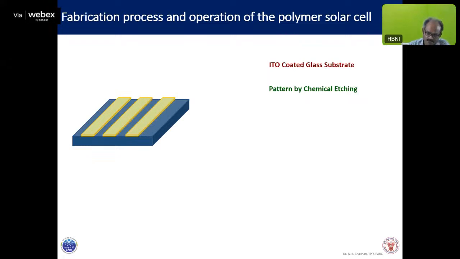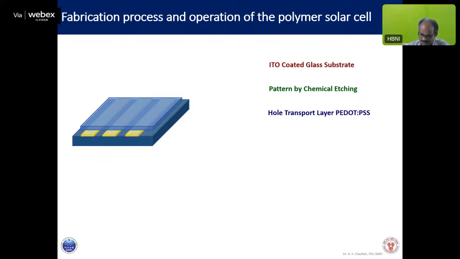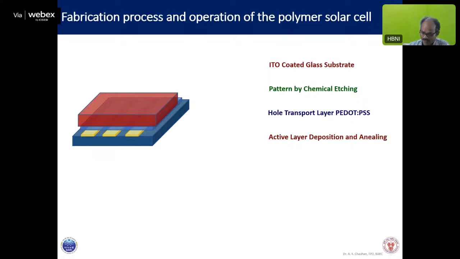With the chemical etching, you get this kind of structure, and then over this you deposit a hole transport layer by spin casting, as I explained in the earlier slide. Then you deposit an active layer, again by spin casting. You will not get exactly this kind of cubical or beautiful shapes, this is just to explain to you.